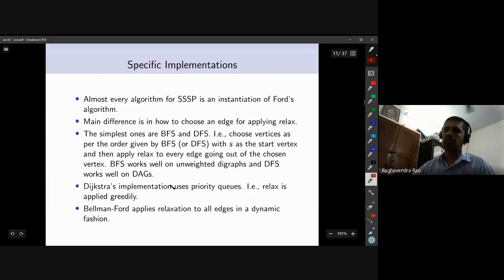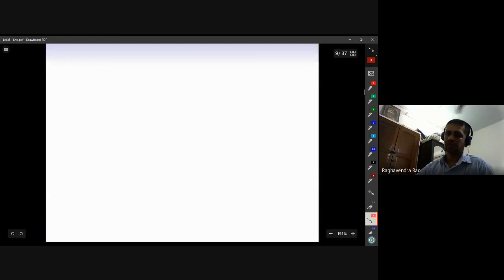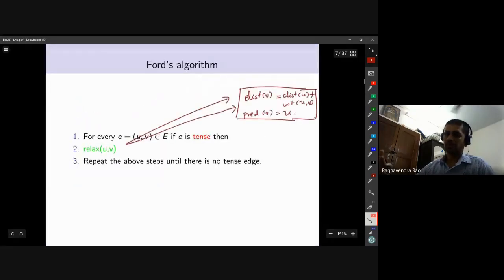We'll talk about implementation. Like I said yesterday, Ford's algorithm is a generic algorithm. It does not tell you how to choose edges and so on. It's up to the implementer, and how many iterations it will go. We can of course argue that after a finite number of steps of applying relax, the algorithm will terminate.